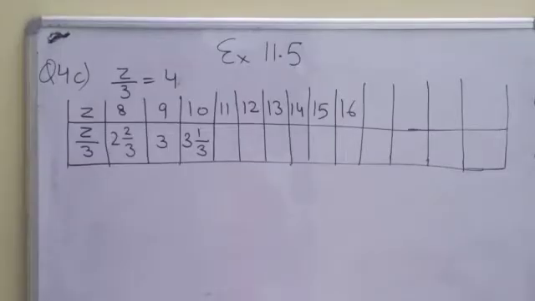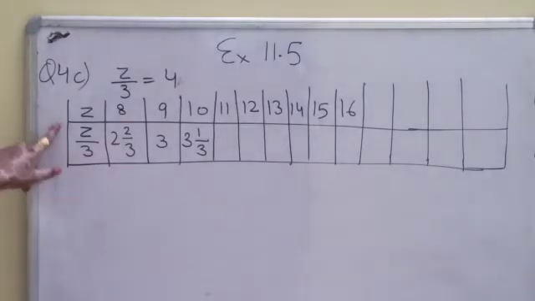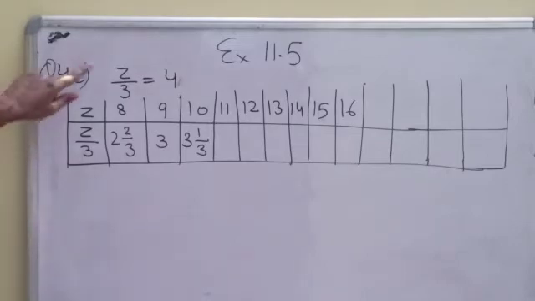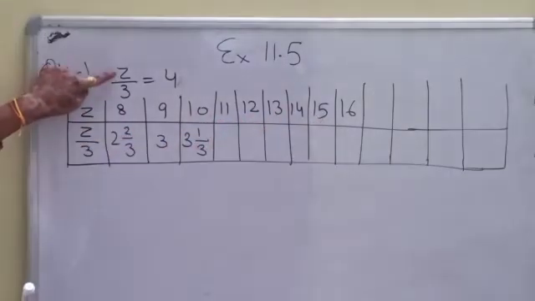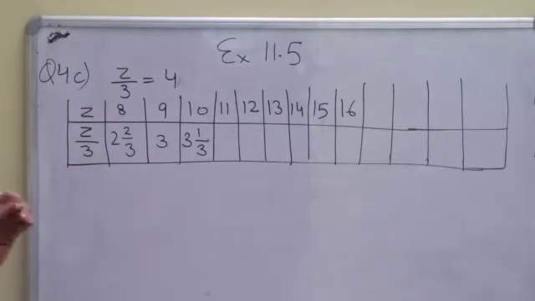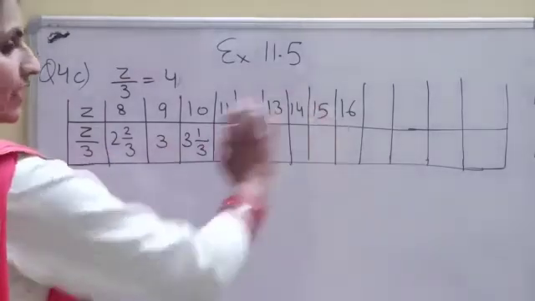Now this is the next part in our question number 4, part C, where this kind of table is given to you and this equation is given to you. Same as we have done in the previous question, we have to put these values in place of z and find out our answers and complete this table.